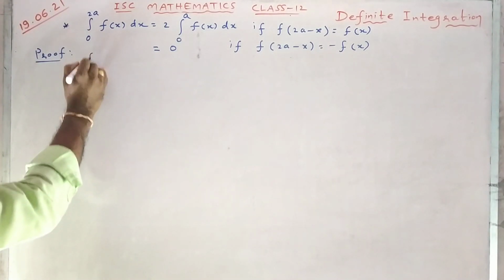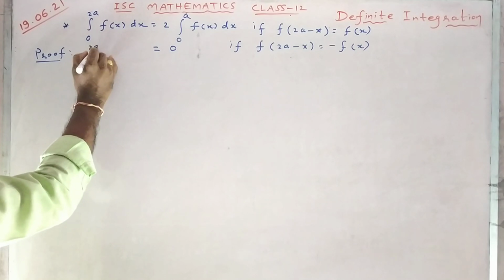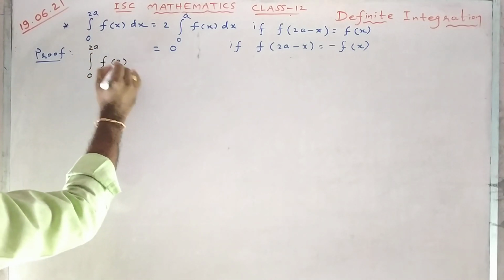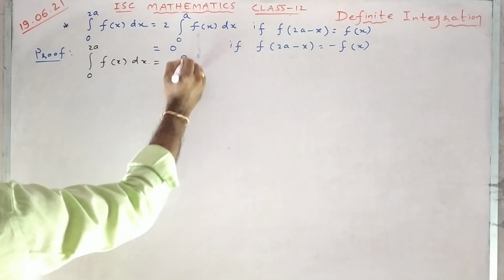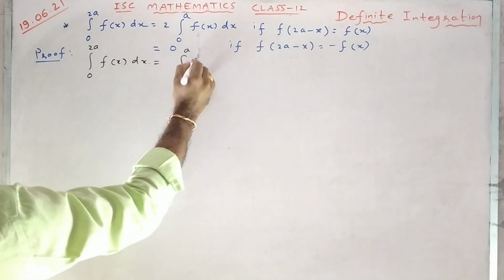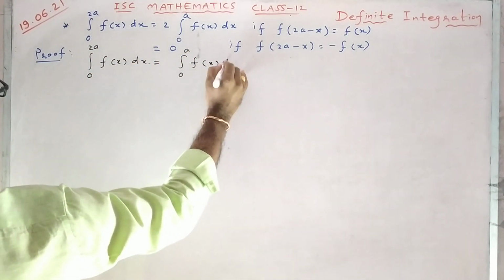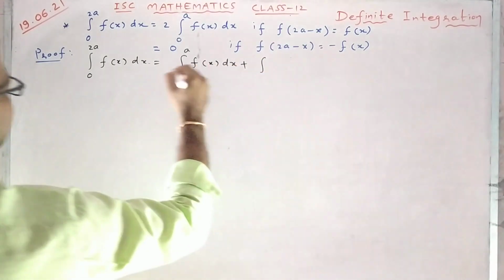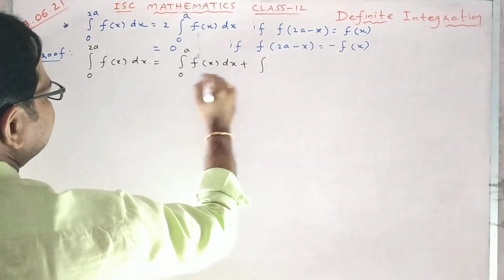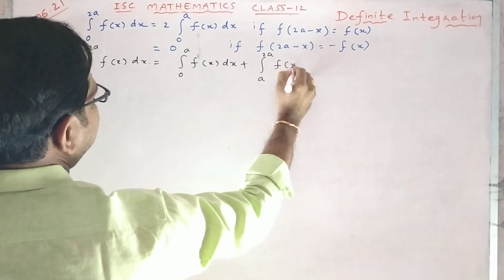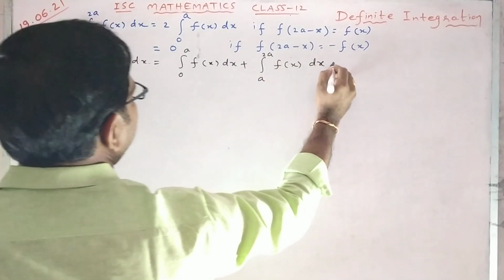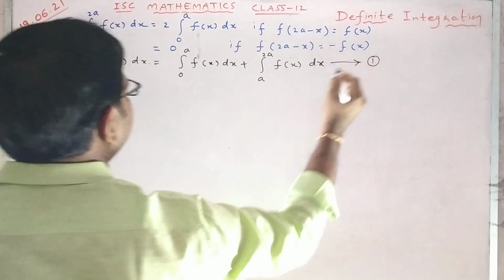For this proof I am splitting the integration as integral 0 to 2a f of x dx equal to integral 0 to a f of x dx plus integral a to 2a f of x dx, taking a in between. Let it be equation 1.